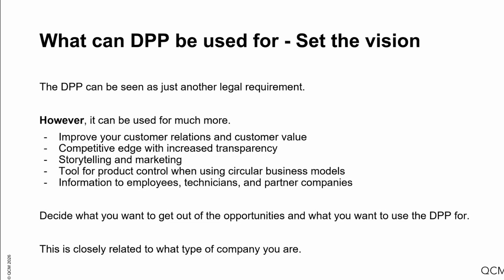When they have hundreds of items or products in the shop, they can of course not know everything. But if there is a DPP, they will know what content there is in a product, and they also will know what they can say about it, because sometimes there might be stuff that they are not allowed to say. So they don't need to call the headquarters to ask questions all the time. But instead you have the DPP, it's clear.